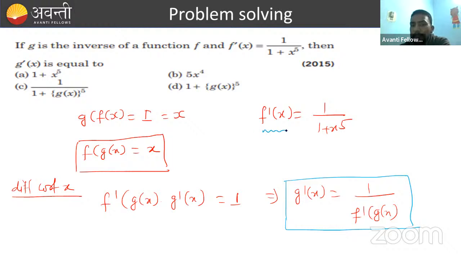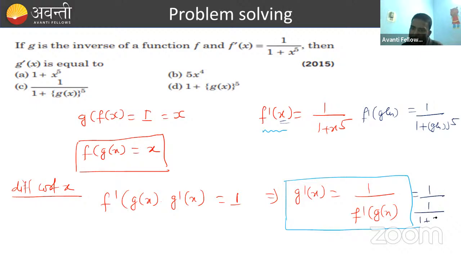But what is f dash x? It is 1 divided by 1 plus x to the power 5. So if I have to find f dash g of x, x will be replaced with g of x and it will become 1 divided by 1 plus g of x to the power 5. So we need to keep 1 divided by that.